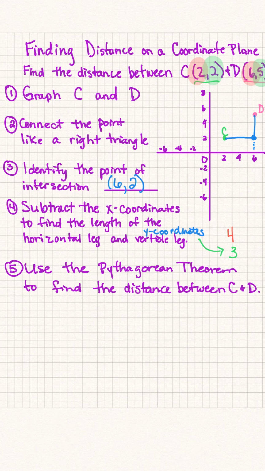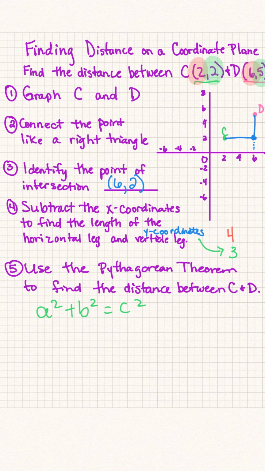So now if we use the Pythagorean theorem, we can find the distance between C and D. So we go a squared plus b squared equals c squared.